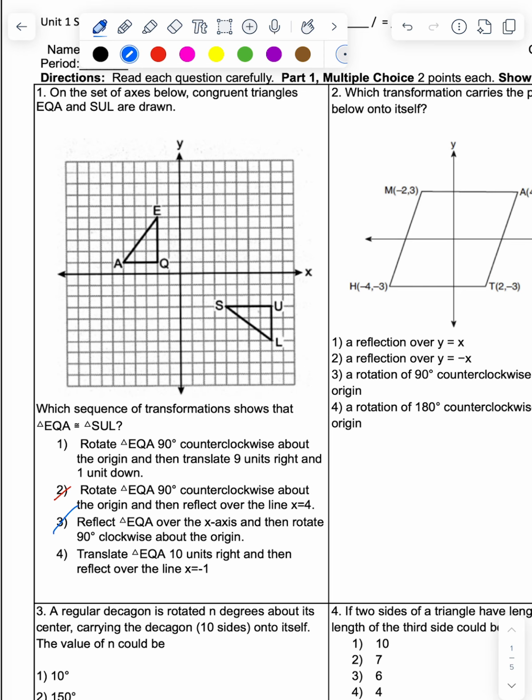So this is going great so far. And finally, translate triangle EQA 10 units right, and then reflect over the line x equals -1. So let's see. 10 units right. 1, 2, 3, 4, 5, 6, 7, 8, 9, 10.